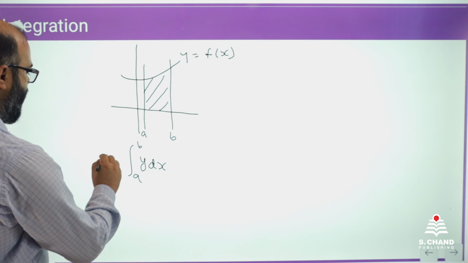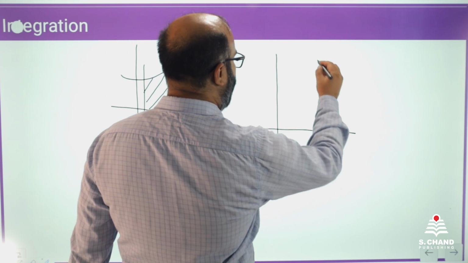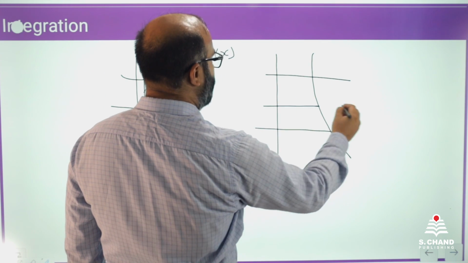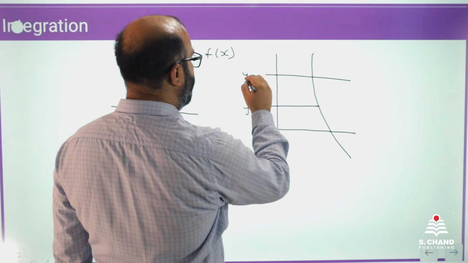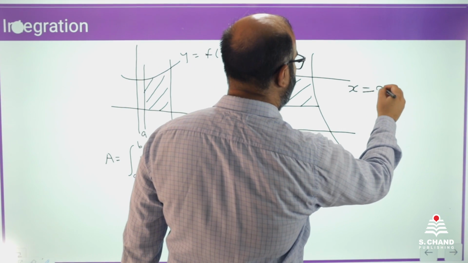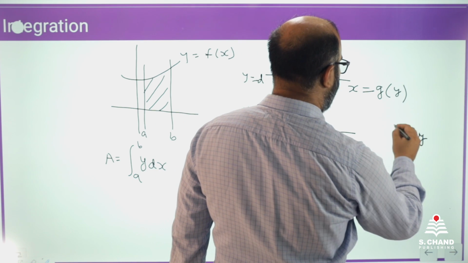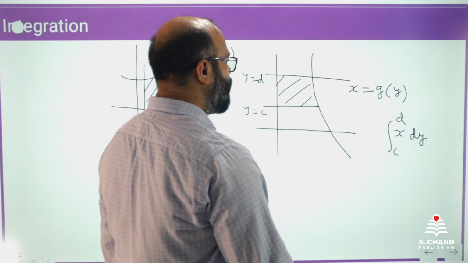This is the algebraic area. Similarly, if the curve is something like this and it is asked that y equal to c to y equal to d, the area this is making with the y-axis, this is x is equal to g of y. So it will be x dy from c to d. So this is the area.